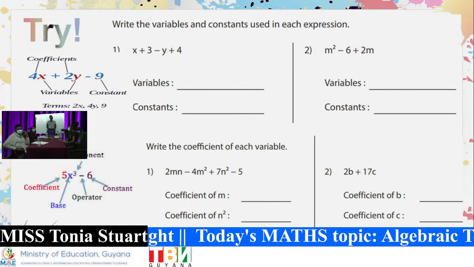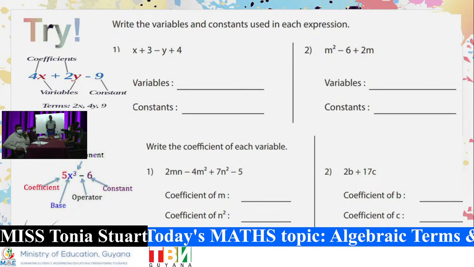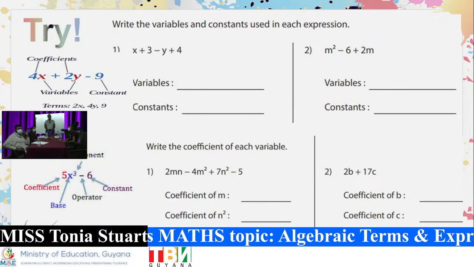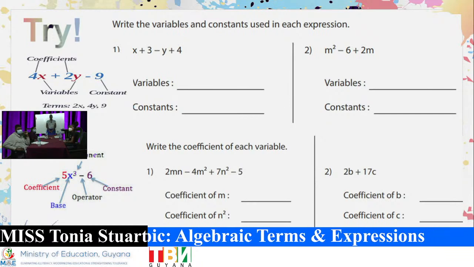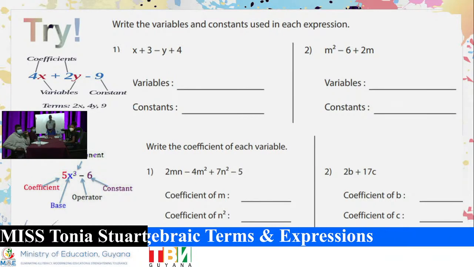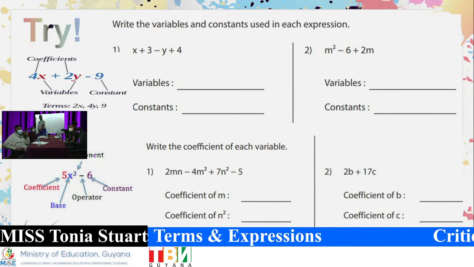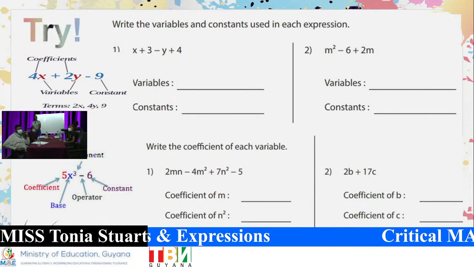Everybody agree or disagree? Disagree. What's the coefficient of m? +2. Shamar? Miss, I agree with Akila. You agree with Akila. All right.